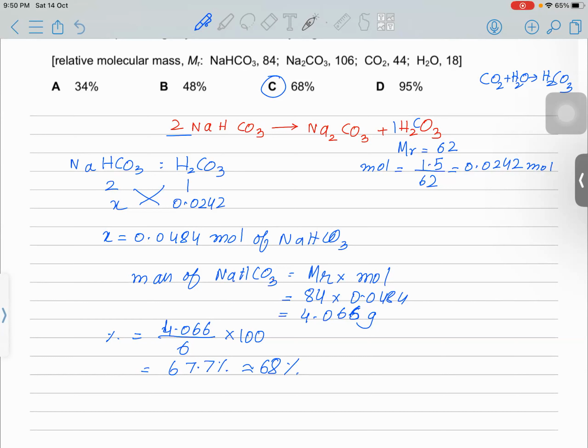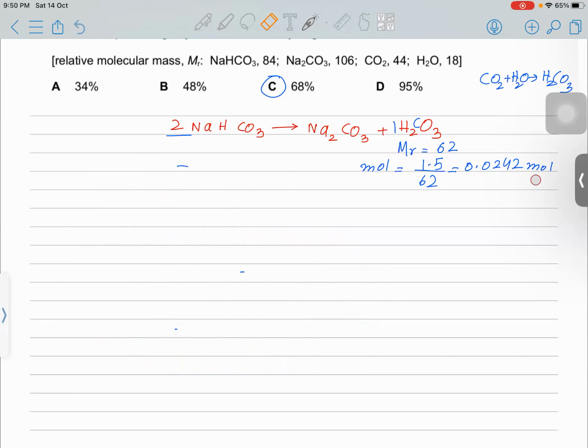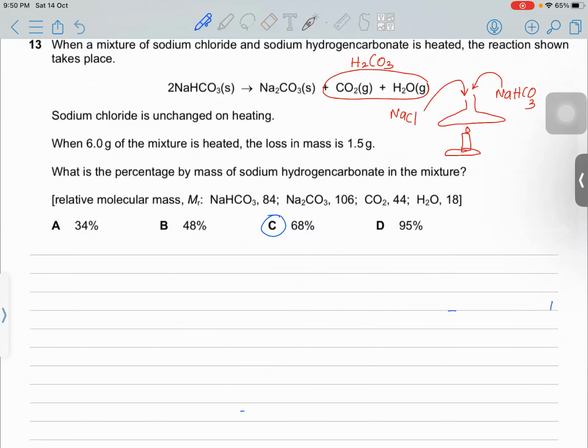Now look at the question again. I am solving the question again. Without this technique, the whole method is very, very difficult. So always remember that whenever carbon dioxide and H2O are written, it means H2CO3, because you have 2 hydrogen, 1 carbon and 3 oxygen.